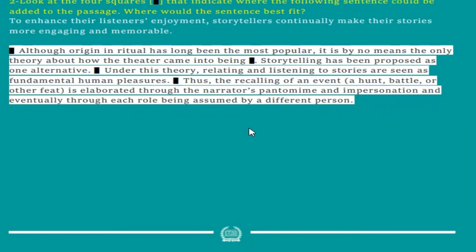Okay? So according to this sentence, it's talking about storytellers. So the sentence before this one is talking about the storytellers. The storytellers were mentioned in the previous sentence.